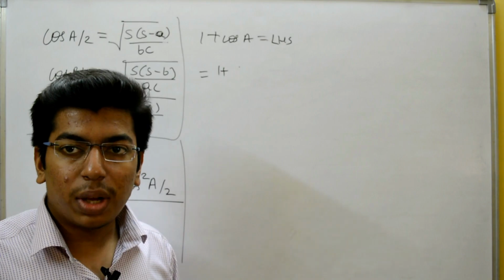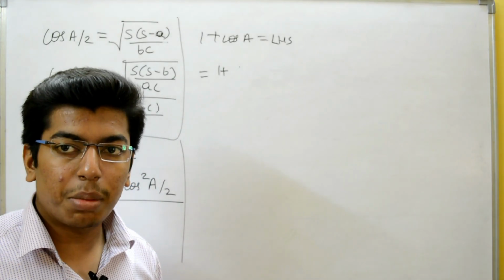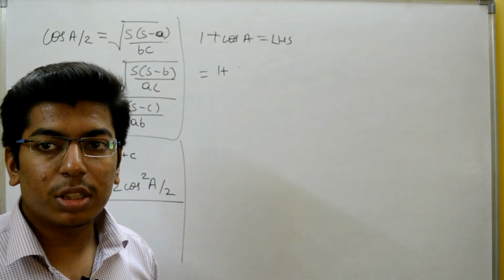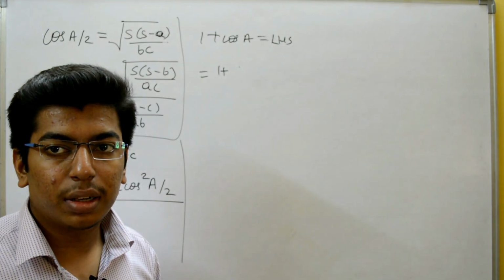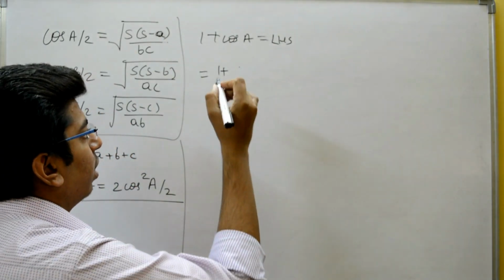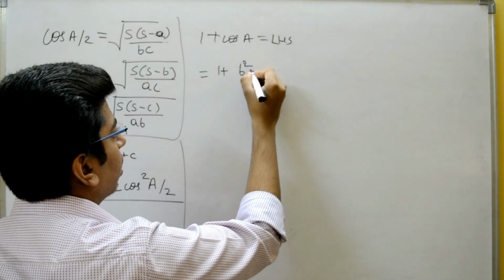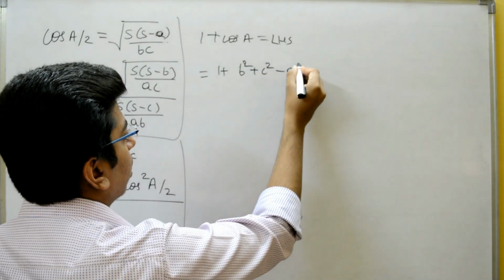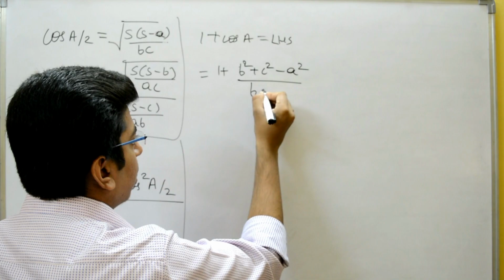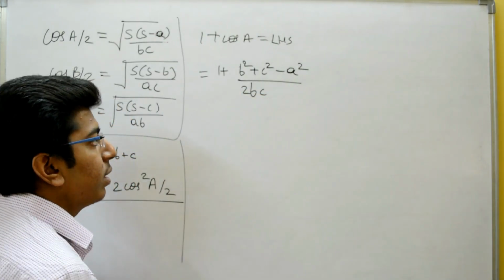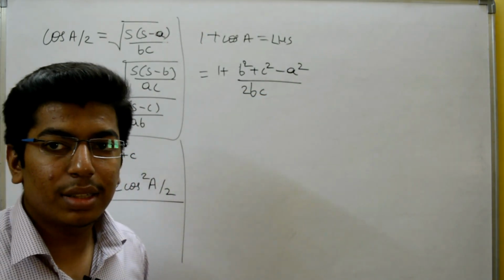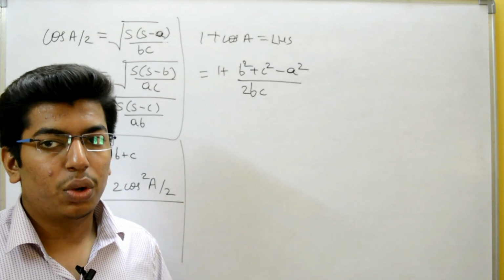Yes, we have discussed in the previous session. You should remember it. So tell me, what is the formula for the cos A? If your answer is this, then okay.